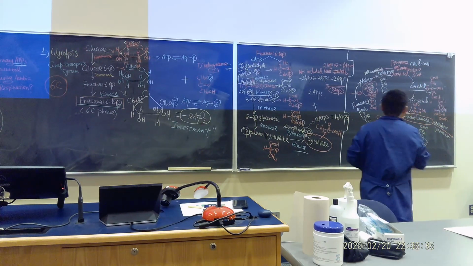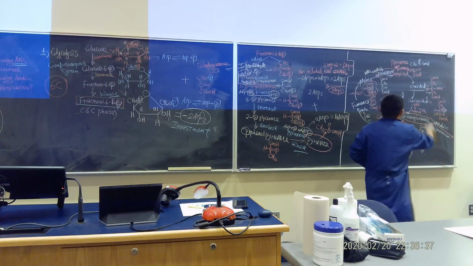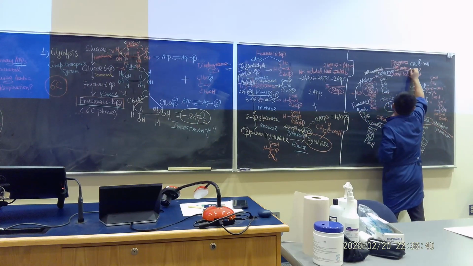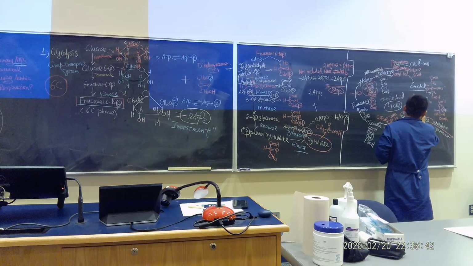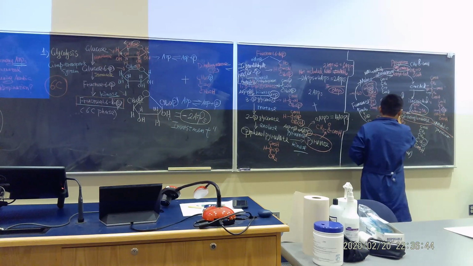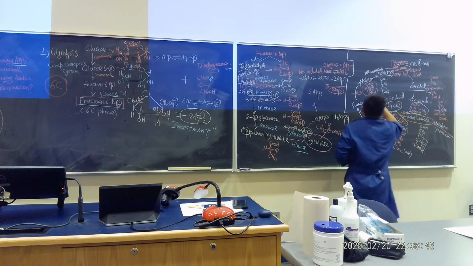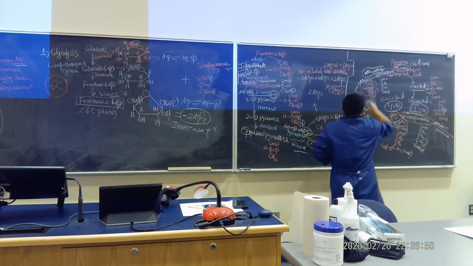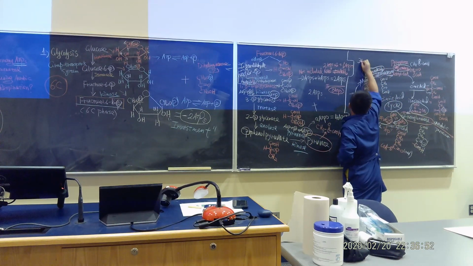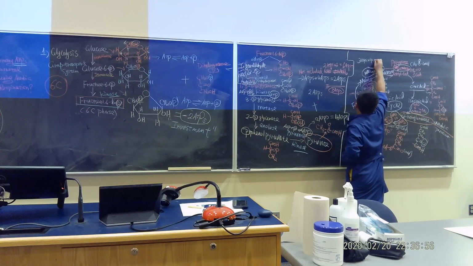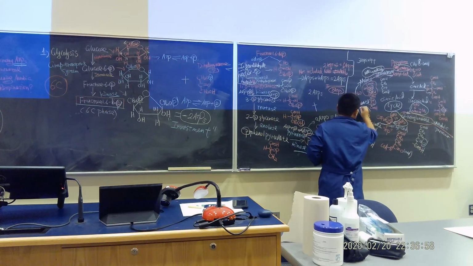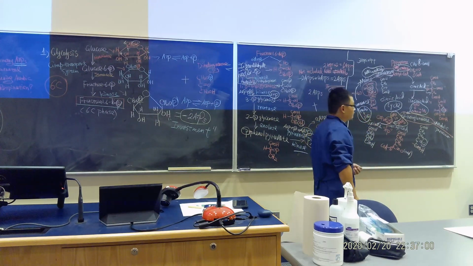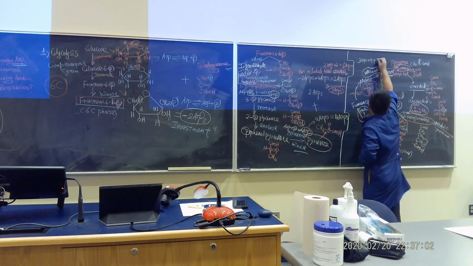Okay, so let's do a calculation. 1, 2, 3, 4. Is that right? That is 3 ATPs multiplied by 4. Add FAD becoming FADH2, which adds 2 ATPs.